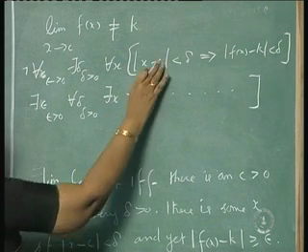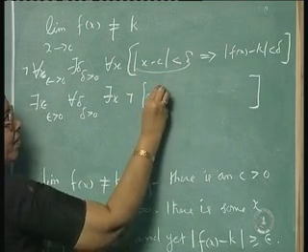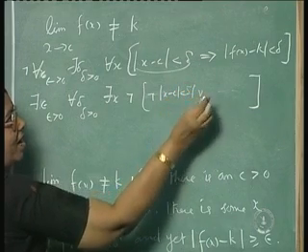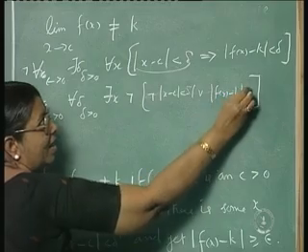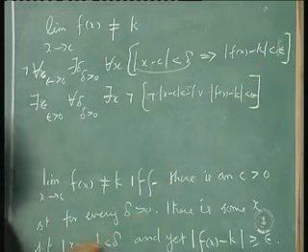So, this implication you can write as not of |x minus c| less than delta, or |f of x minus k| less than epsilon.